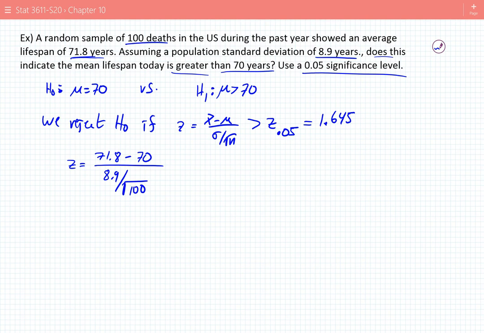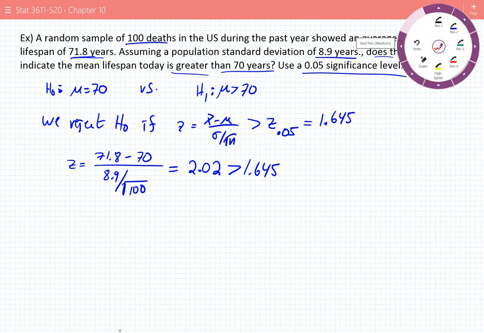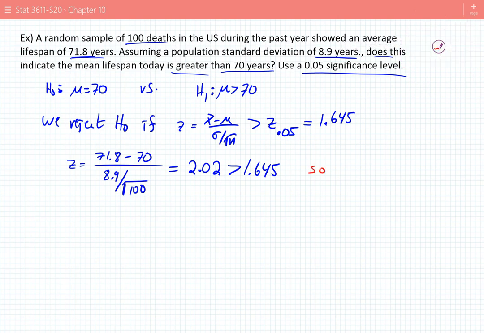And so we run that number through a calculator. And this is rounded off about 2.02. 2.02 is bigger than 1.645, which is our cutoff value based on our level of significance.